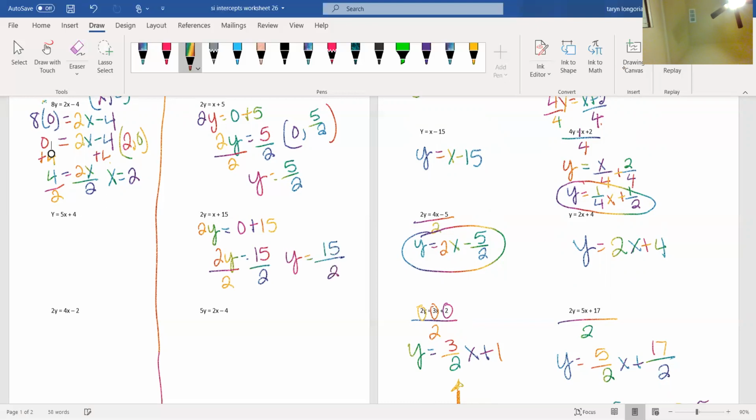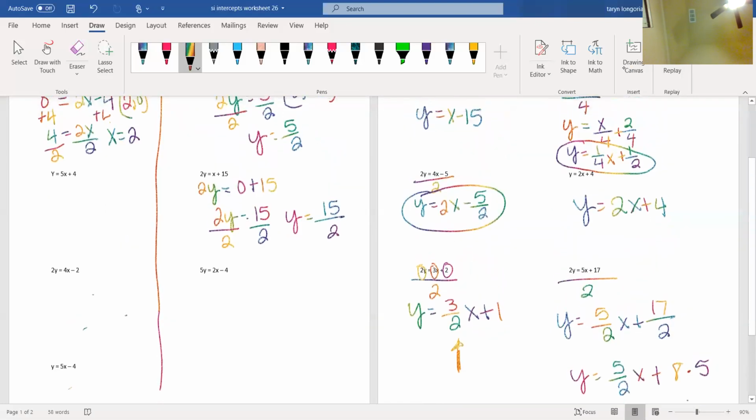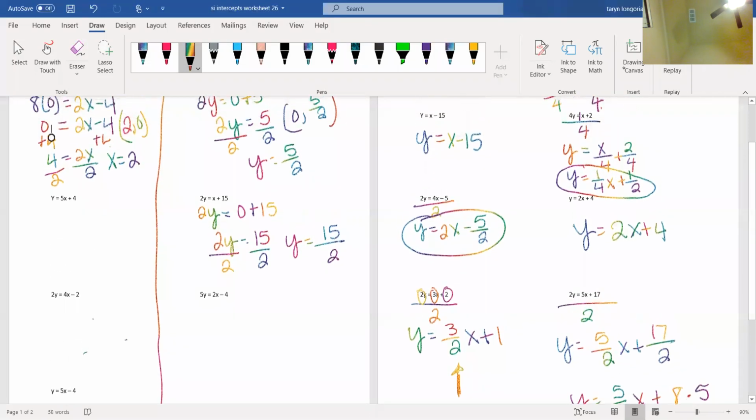On y'all's paper I duplicated those questions, so y'all don't have to. So it'll be 0 and 15 over 2.